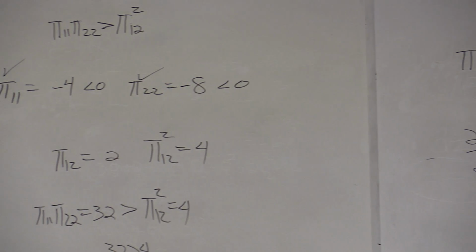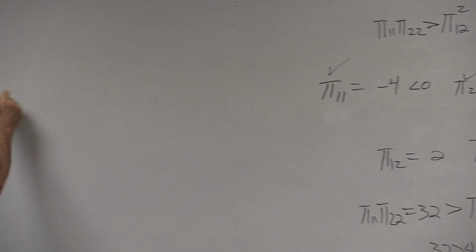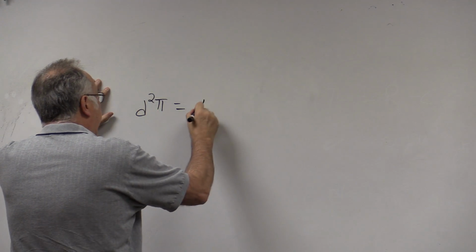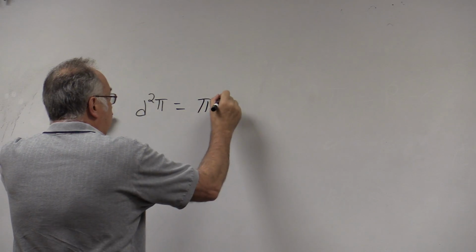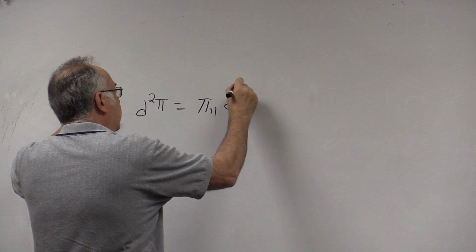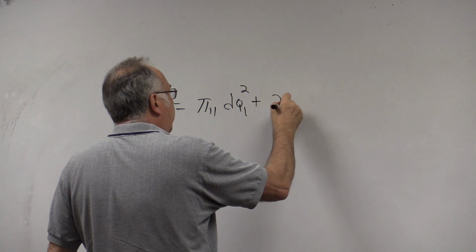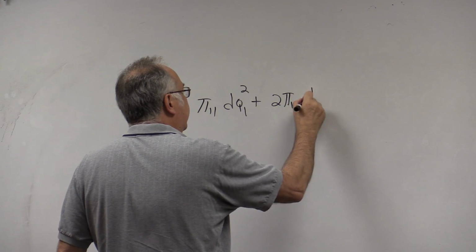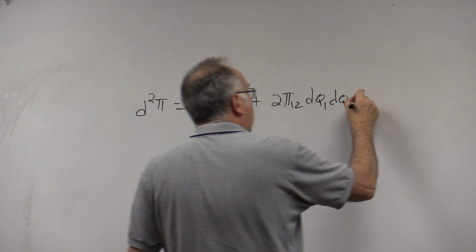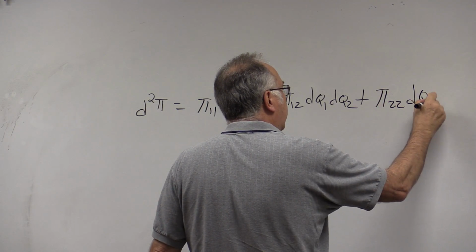But what is the second order total differential? Well, it will just be this expression here. It'll be pi 1, 1 times dq1 squared plus 2 pi 1, 2 times dq1 dq2 plus pi 2, 2 times dq2 squared.